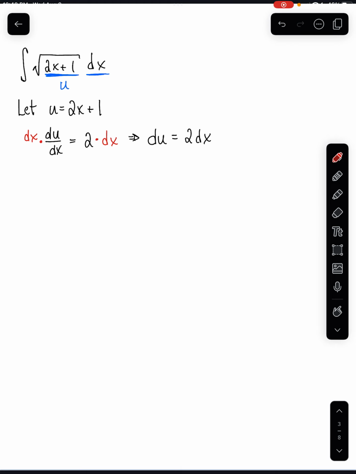So if there's no times 2 in the integrand to come out, then what we can do is divide both sides by 2 and manipulate this statement a little further so that it becomes 1/2 du equals dx. If there's no times 2 to come out, then we can put in a 1/2.